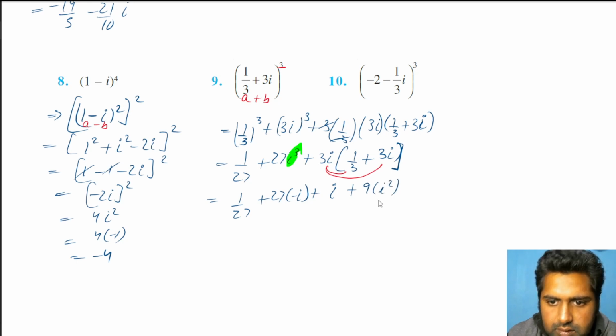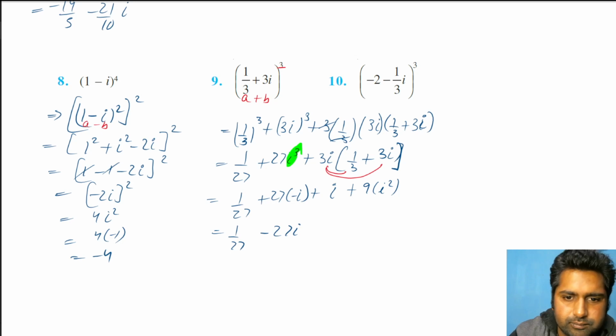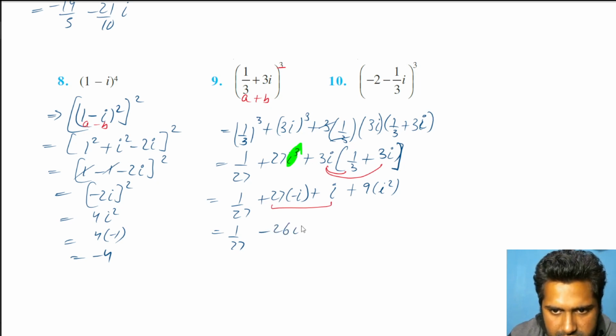Okay, so 1 by 27 minus 27 iota plus iota. I think we can deal with this now. Let's deal with this too. Minus 27 iota plus iota. This becomes minus 26 iota, and 9 into iota square becomes minus 9. You can deal with this.